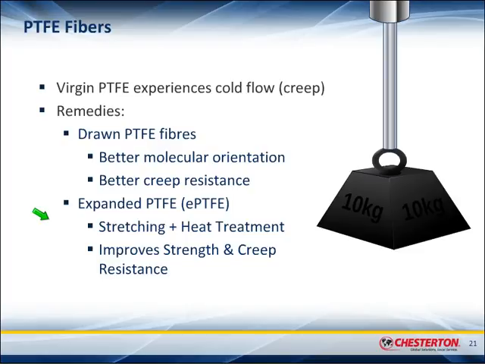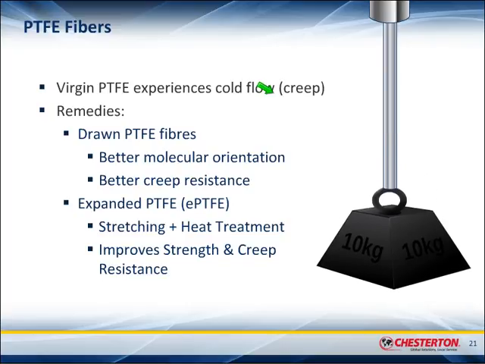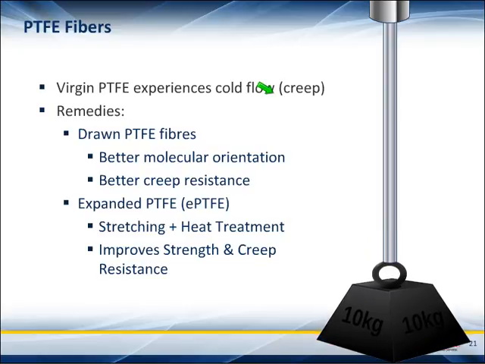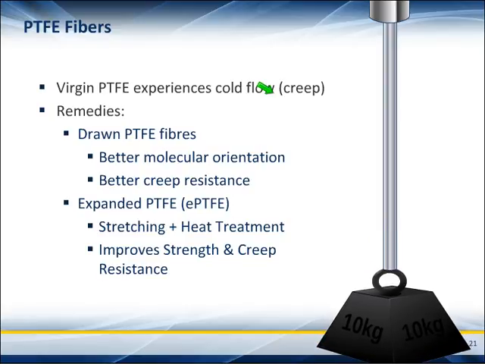PTFE, just like most plastics, suffers unfortunately from another problem, which is called cold flow or creep. What happens when we put a weight on a wire or a rod of Teflon is that it initially holds that weight, but over a period of time, it starts to flow, it starts to cold flow.